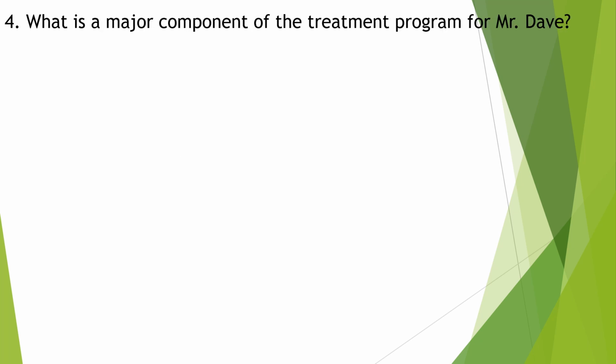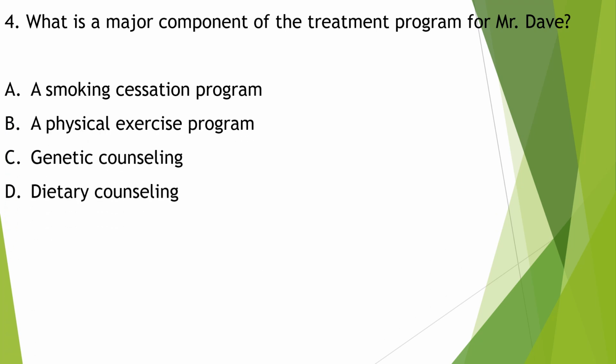What is the major component of the treatment program for Mr. Dave? A smoking cessation program, a physical exercise program, genetic counseling, dietary counseling. So here the patient was a smoker for the last 15 years. Smoking is a primary risk factor for developing lower airway disorders such as COPD and asthma.